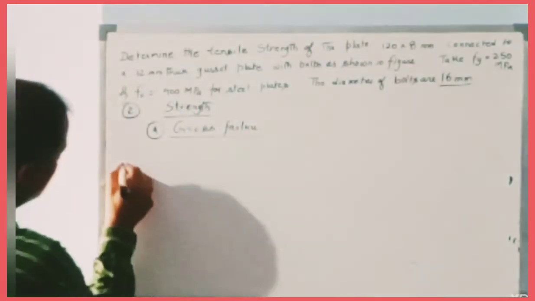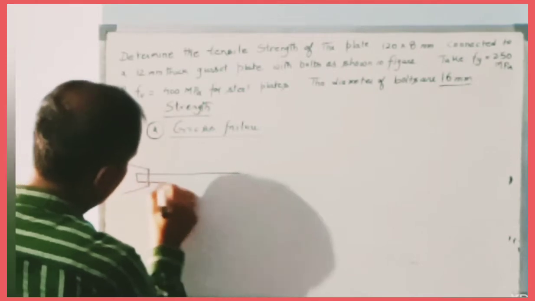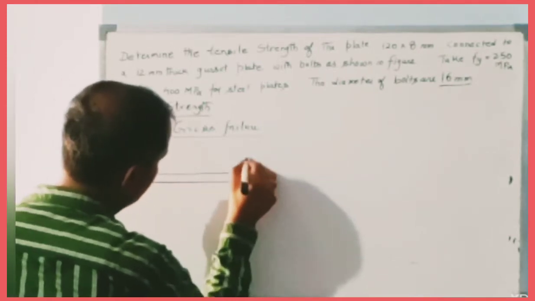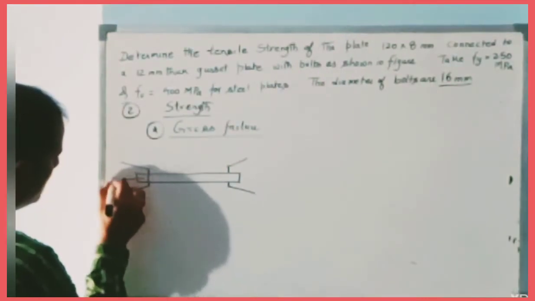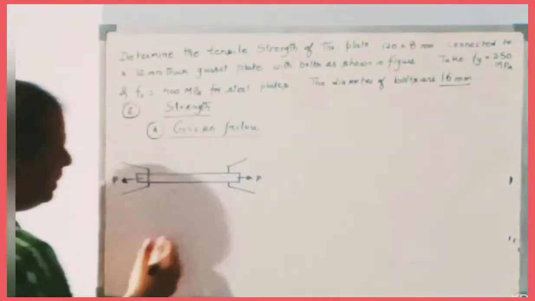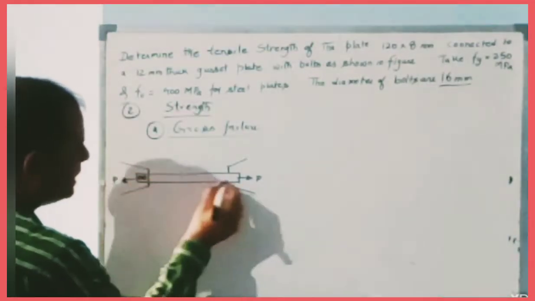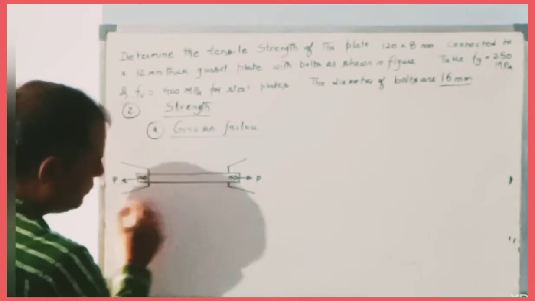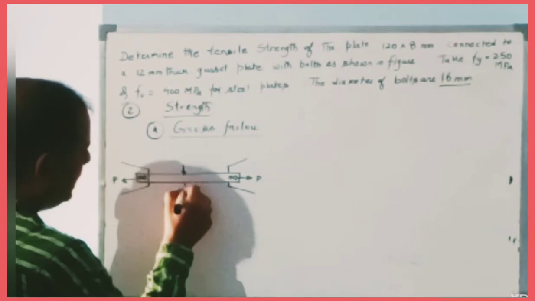Gross failure means the member which is connected with the help of gusset plates is going to fail in between, where the connections are made. It is, for example, going to fail in between the section like this.